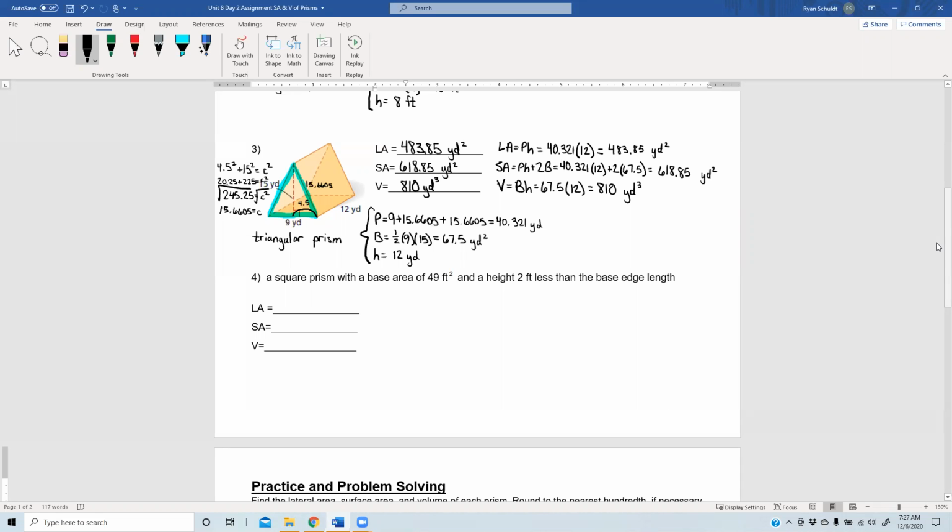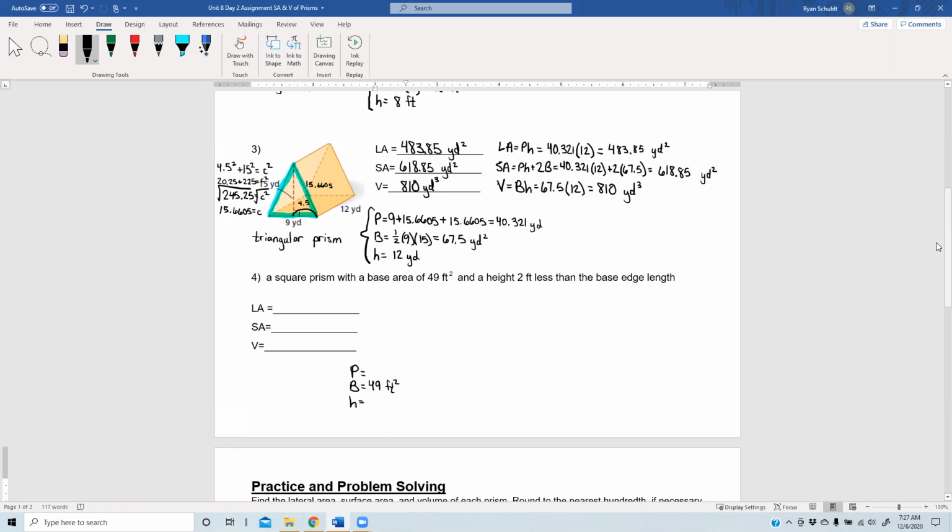So let's see, a square prism with a base of 49 feet squared. That honestly kind of helps us with one of our letters. We know that big B is 49 feet squared. And then the height is 2 feet less than the base edge length.